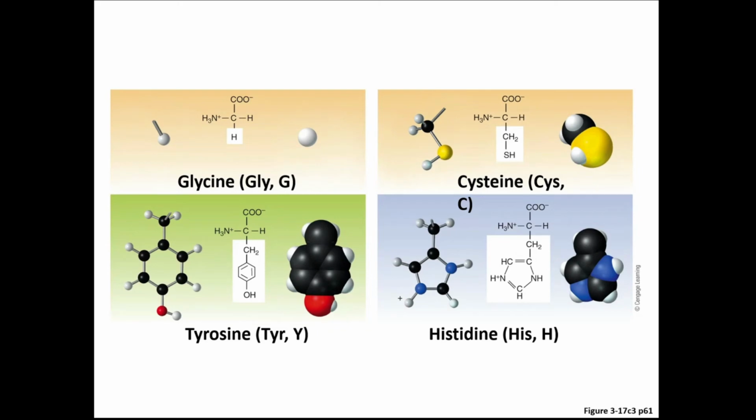If you look at this histidine, it is an example of a basic amino acid, and it's also hydrophilic. So the acidic, the basic, and the polar are all hydrophilic or water-loving amino acids.